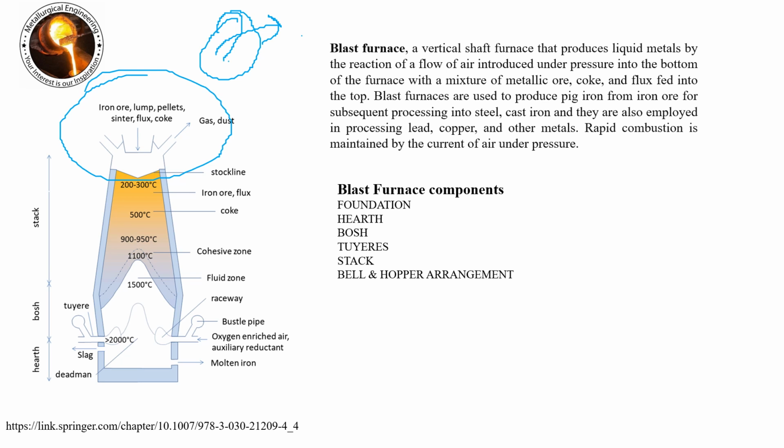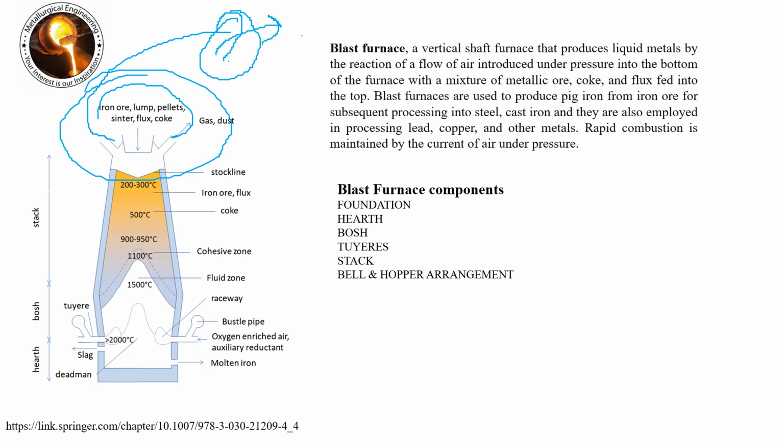It is like cleaning the iron to a pig iron state, and that pig iron we use to make cast iron and steel. Initially, we put raw material from the hopper, and it can be iron ore, lump, pellet, sinter, flux, coke, etc.